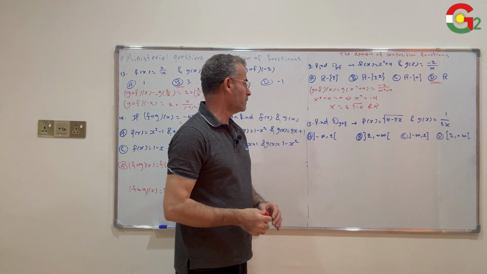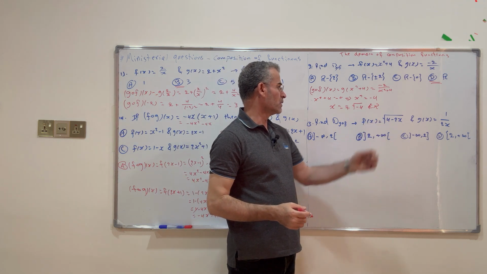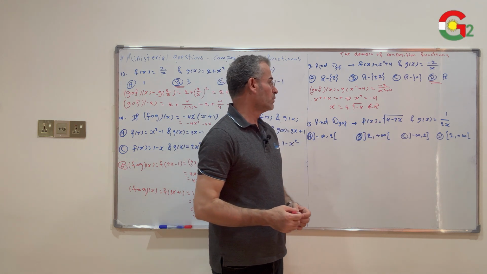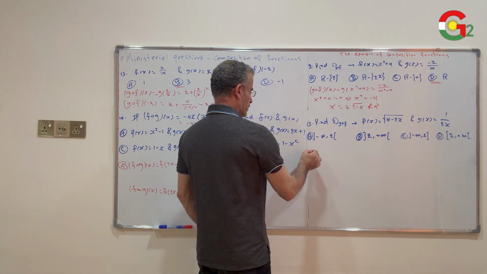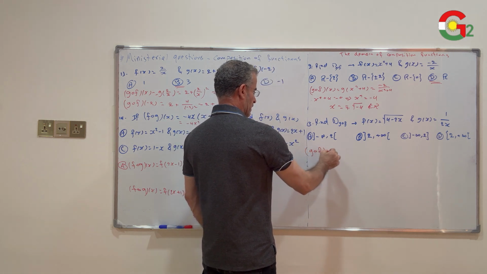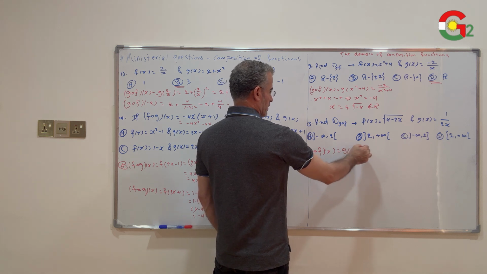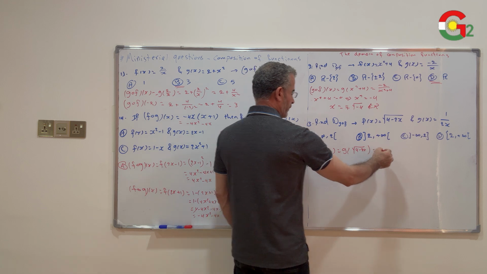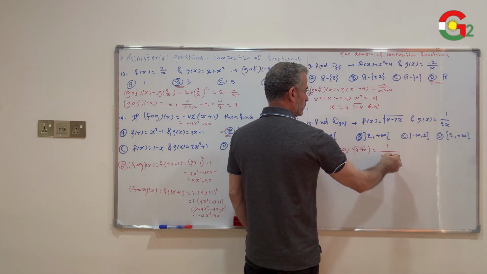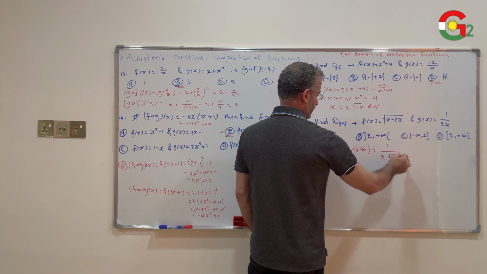Find the domain of g∘f where f(x) = √(4 - 2x), g(x) = 1/(2x). g(f(x)) = g(√(4 - 2x)) = 1/(2√(4 - 2x)).